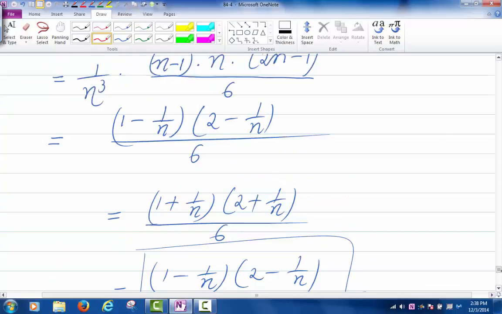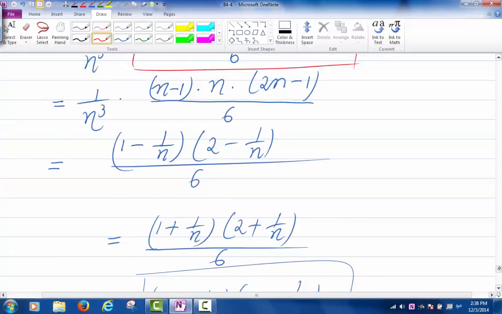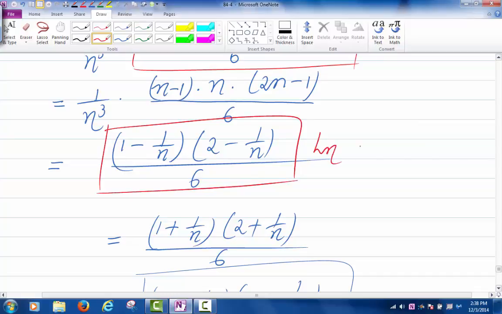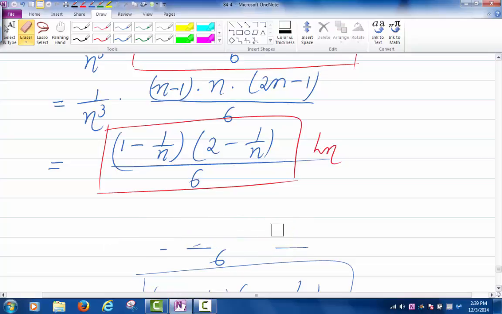Wait a minute. So this is my ln. I don't know why I wrote that here. This is the Rn.